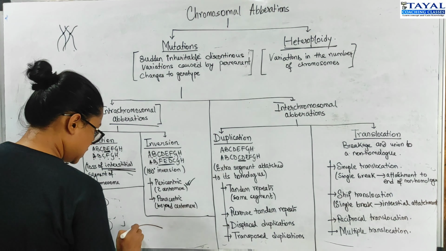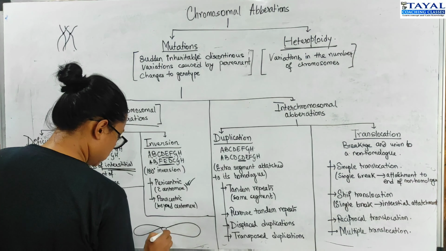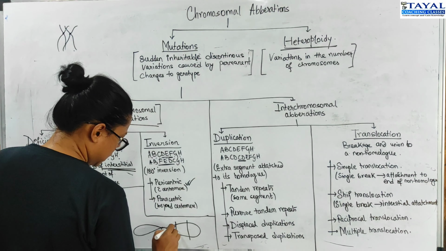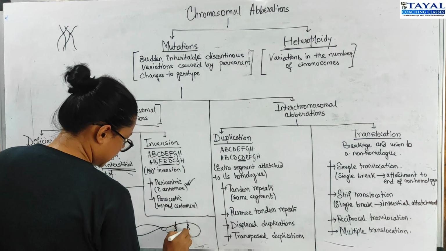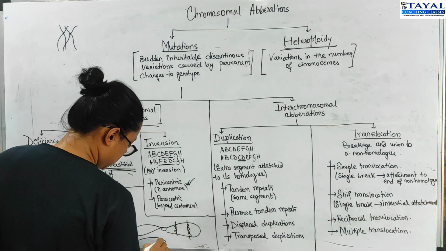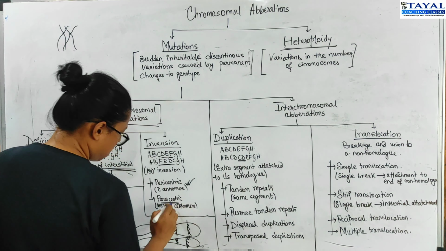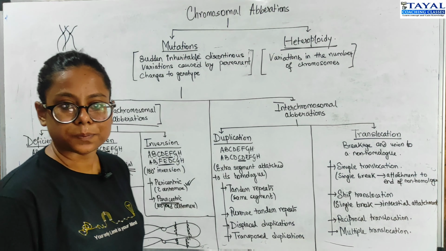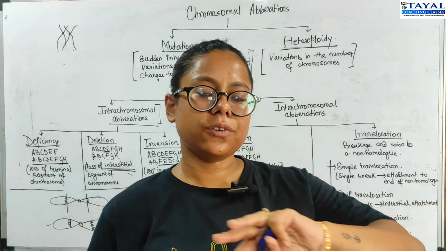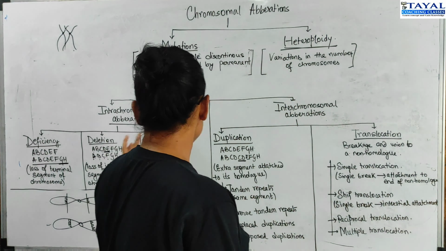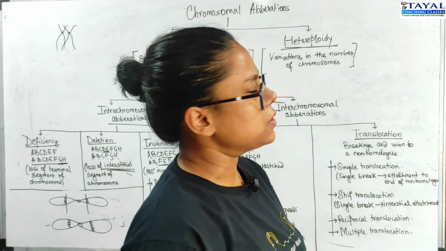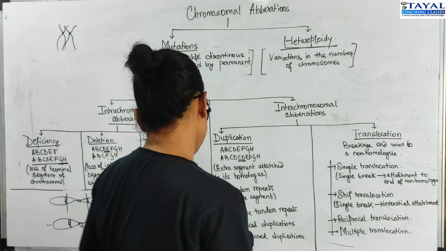But if it happens beyond the centromere, so this is the centromere, this is where it is happening, let's say. That's beyond the centromere. Then that's known as paracentric inversion, right? So these are your three types of intrachromosomal aberrations. Let's look at interchromosomal aberrations.